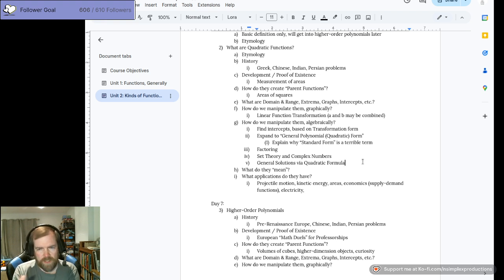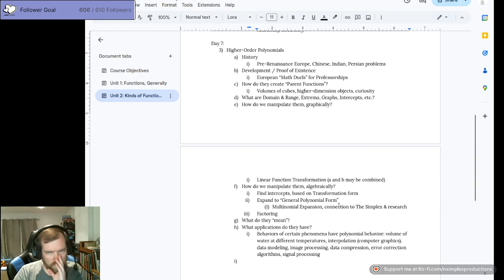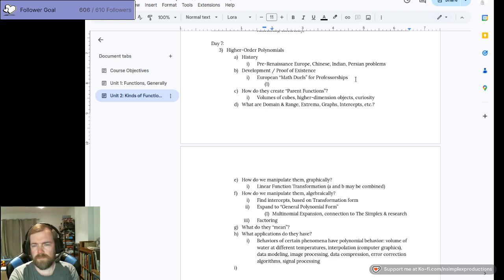Okay, we said we want to deal with factoring and how to find, that's trying to find intercepts.